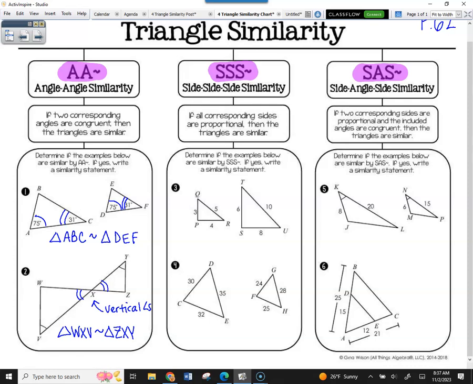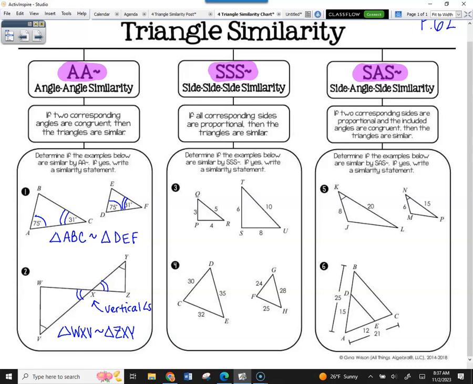Let me show you a technique, though, that will set it up, and then you can check it faster. The technique would be to arrange the three fractions between all the sides. Now here's what I mean by that. Side QP corresponds with side TS. So I'm going to arrange that fraction.